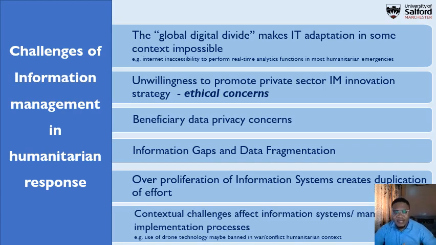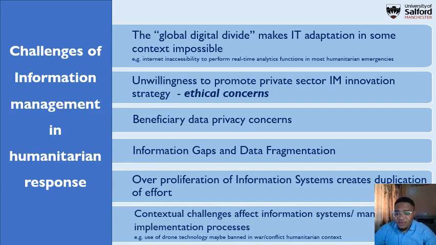Next, we talk about the overproliferation of information systems creating duplication of effort. This is also related to the previous issues I have addressed in the information gaps and data fragmentation. Then we talk about the contextual challenges that are affecting information management implementation processes. That's also related to the global digital divide that exists between the developing world and the developed world, the developing world also known as the global south.